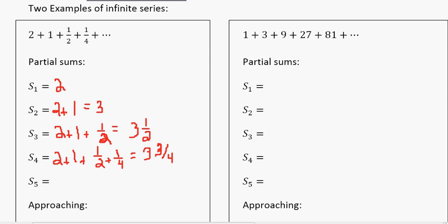3 3/4. Okay, and of course S sub 5 is 2 plus 1 plus 1/2 plus 1/4 plus 1/8.